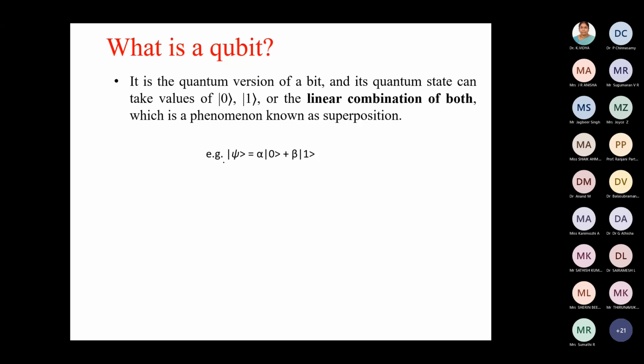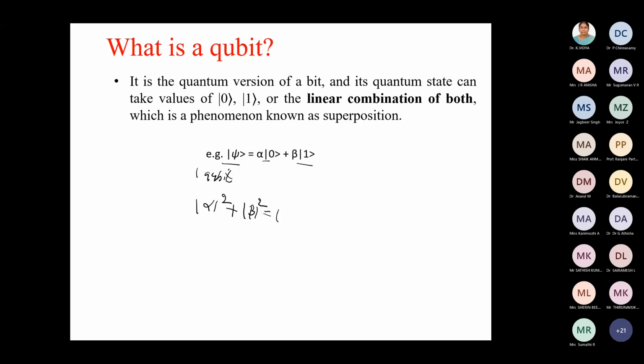Here, if I write this state psi, psi is a single qubit state, and it is a combination of both 0 and 1. So this qubit is in both 0 and 1 state at the same time. And there is this condition that |alpha|^2 + |beta|^2 should be 1.